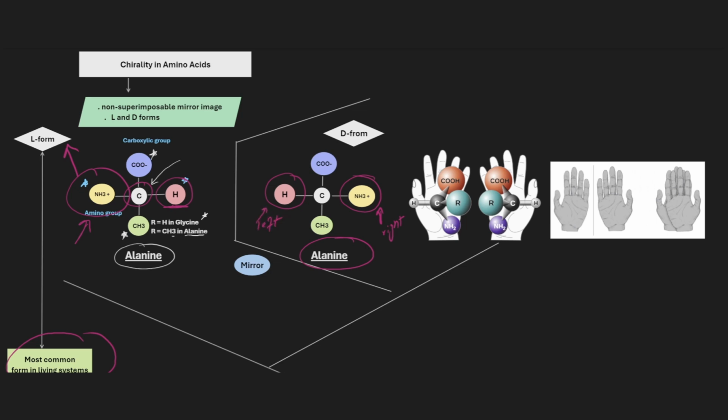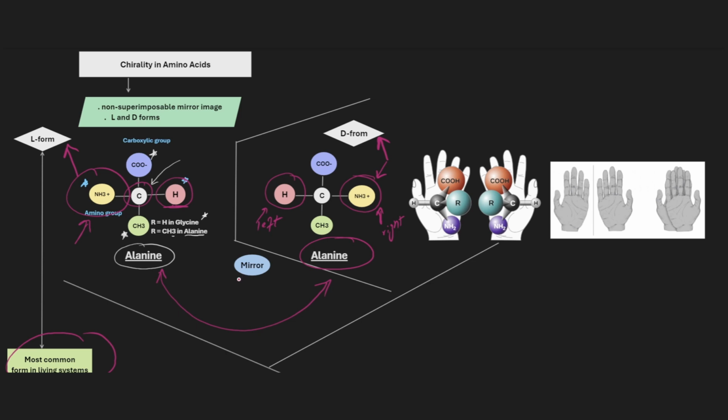When this is the scenario, you have to just look at the position of this amino group, and when this amino group is on the right side of the chiral center, it is actually the D form of the amino acid. And you can easily predict from these 2 structures that this is the original structure, and this is the mirror image of the original structure.